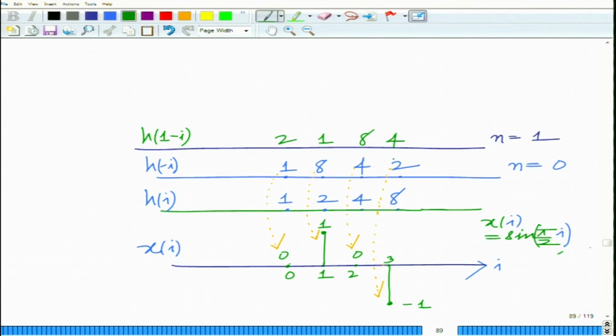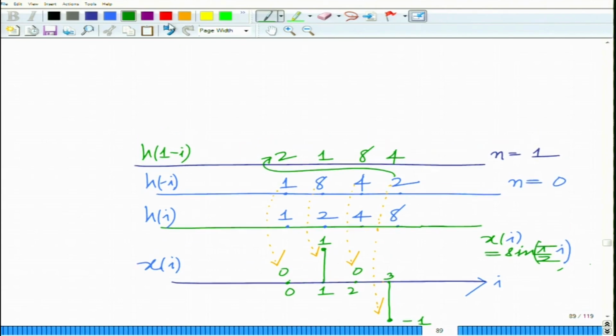Now what you can see here at n equal to 1 is that this 2 is moving to the left and the rest are all rotating to the right.